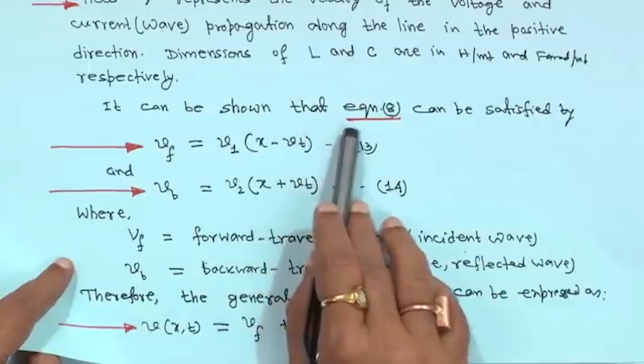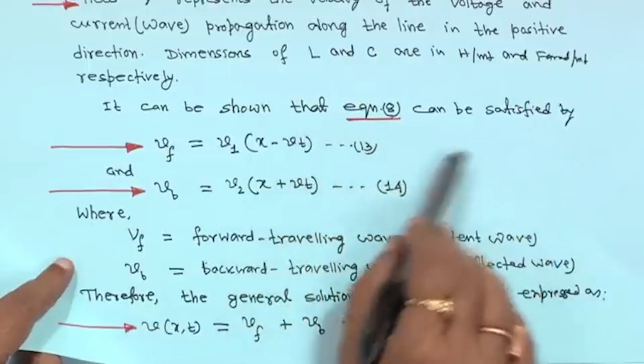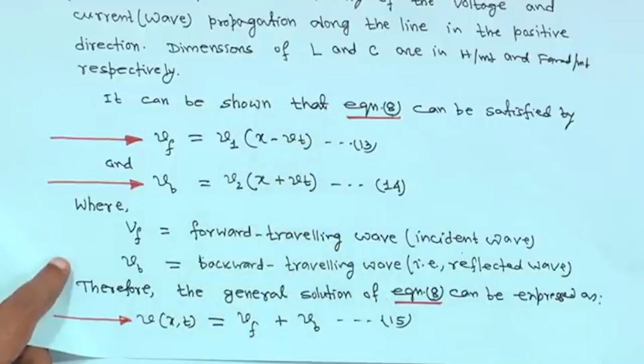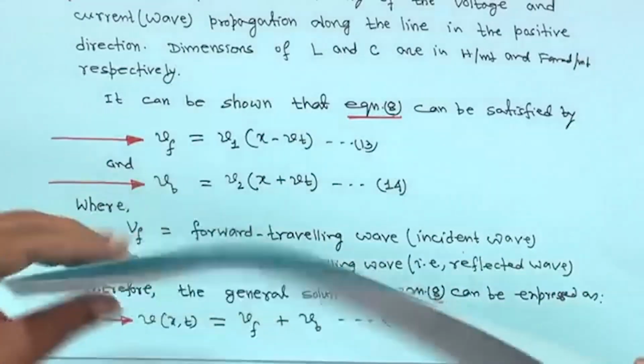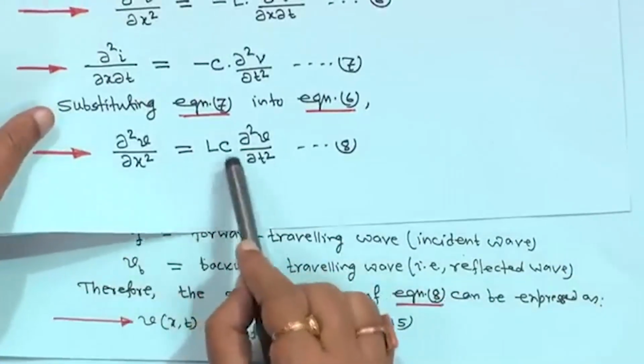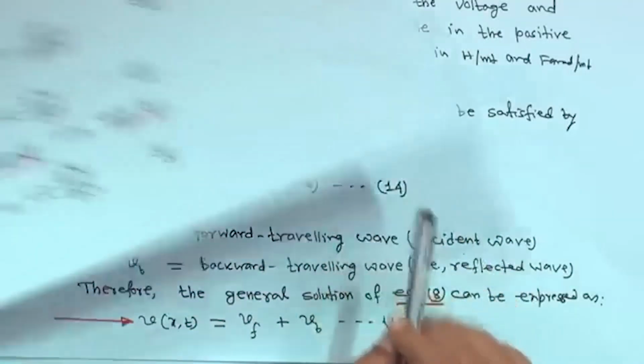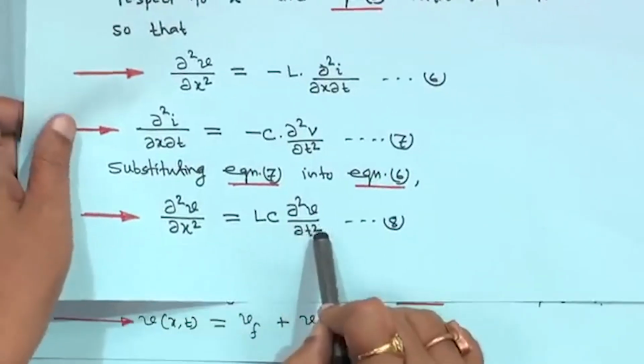So, it can be shown that equation 8 can be satisfied by Vf is equal to V1 of x minus Vt, that is equation 13, and another is Vb is equal to V2 of x plus Vt, that is 14. I am not going into the solution of this one, but we will make it understandable in a different way.